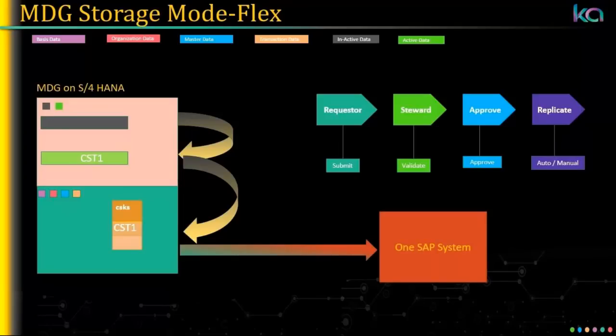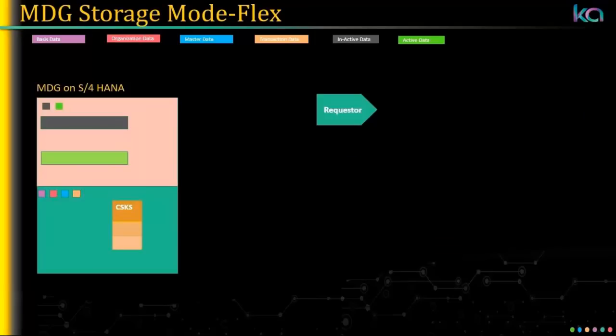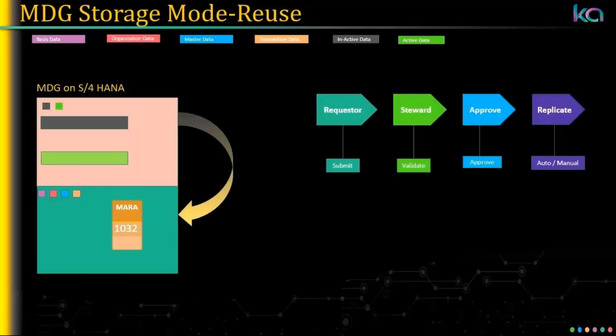So this is a high-level business scenario in terms of deployment options versus storage modes. This is the flex storage mode, and the previous one, where the data moves from the inactive area of MDG directly to the active area of ECC, is the reuse mode.